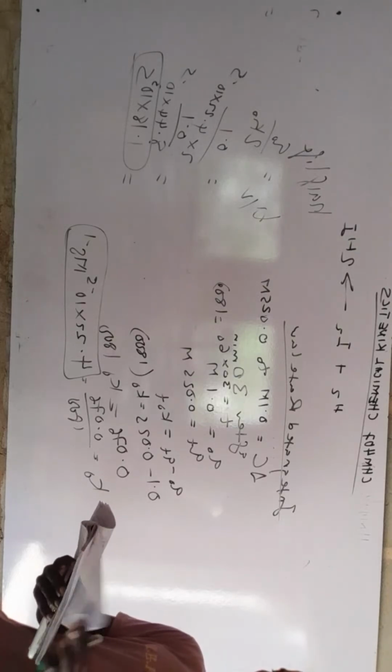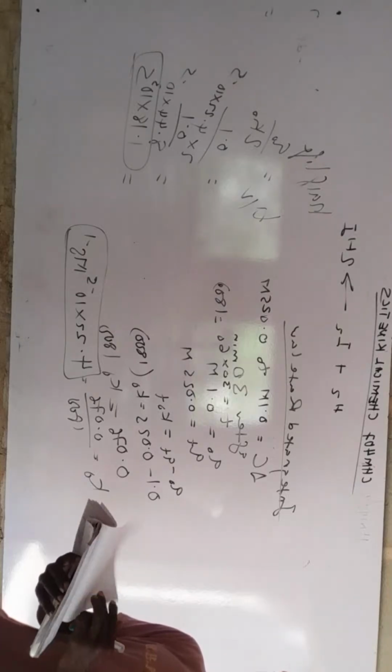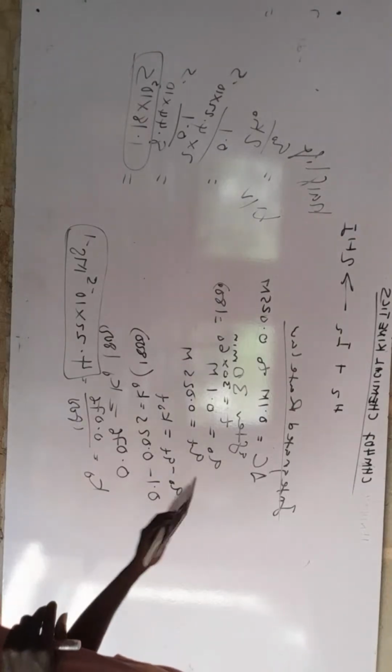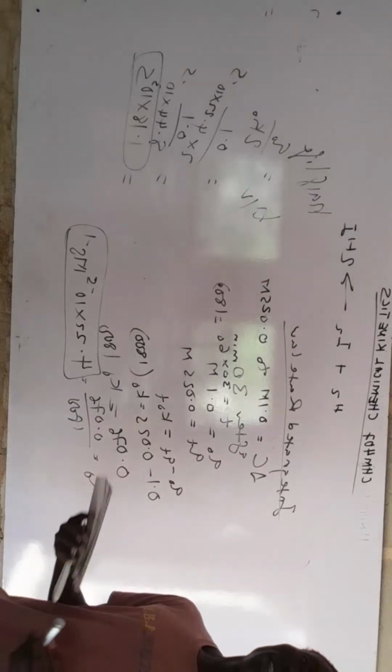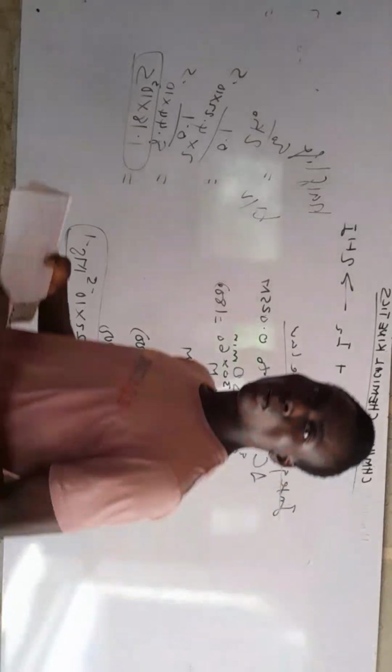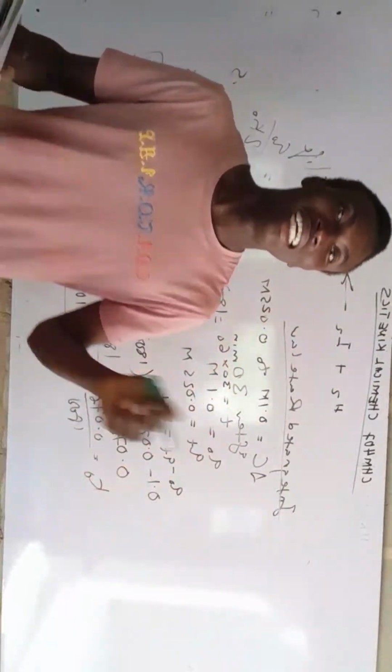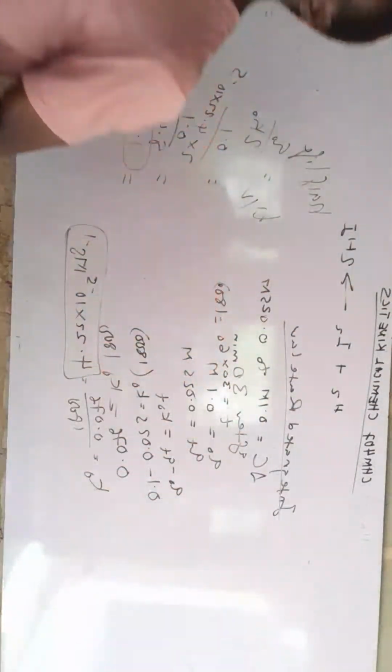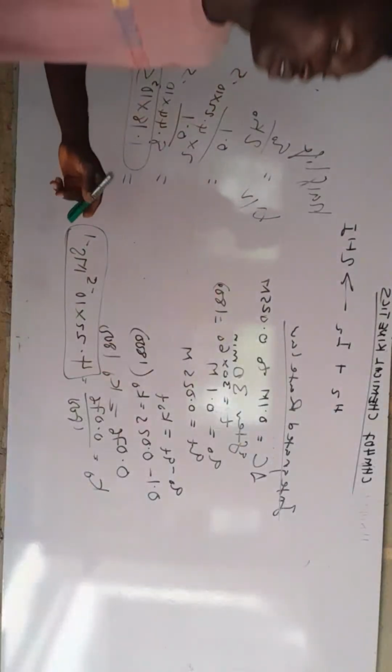Now I proceed to the next part. We have checked the zero order. Now let's talk about the first order reactions. When it comes to first order reaction, there is also an expression for it as well. Take note of that.